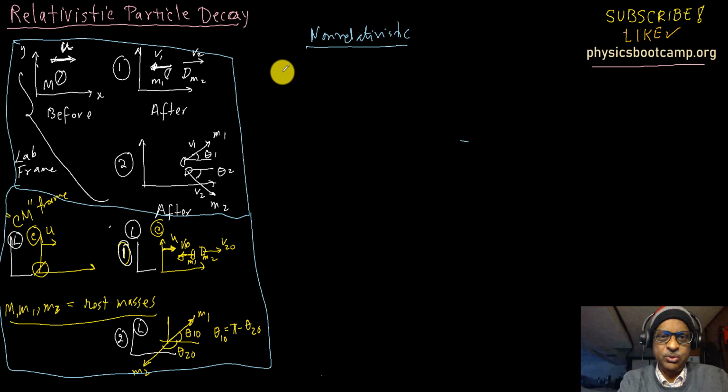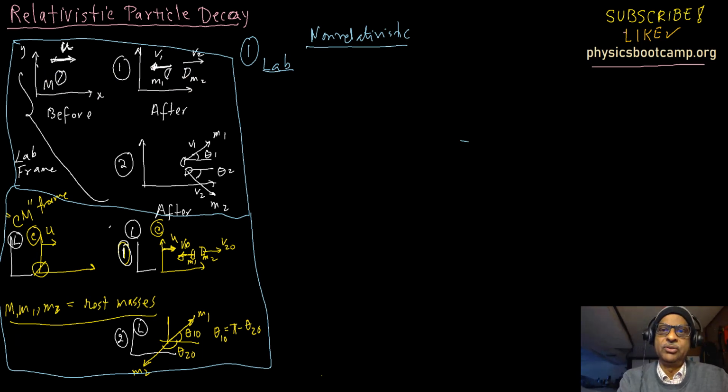Suppose I do it in the lab frame, and you will see I'm going to do both lab and center of mass for the non-relativistic case. I'm going to do one first. In the lab frame, you have energy conservation and momentum conservation.